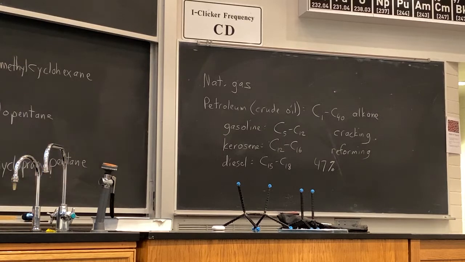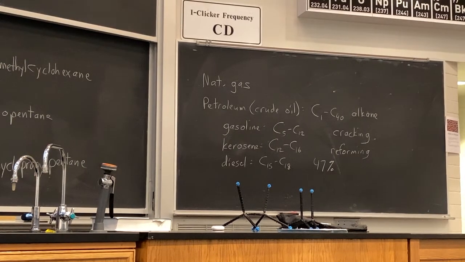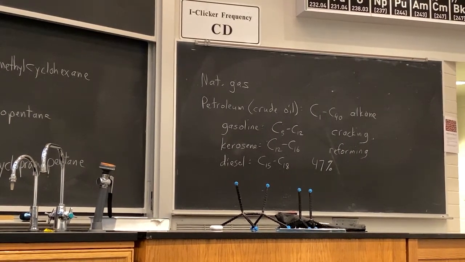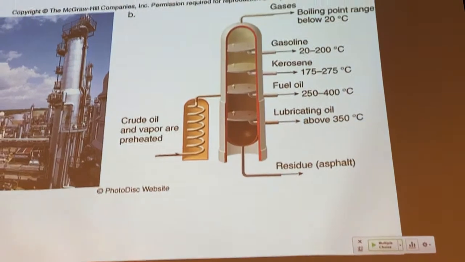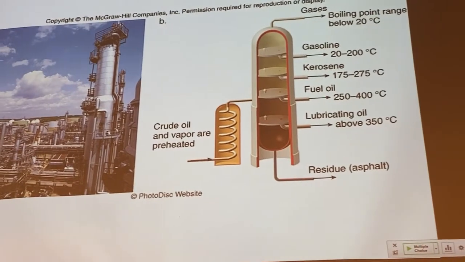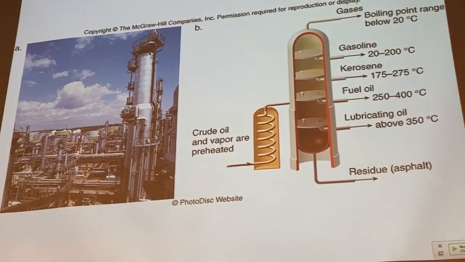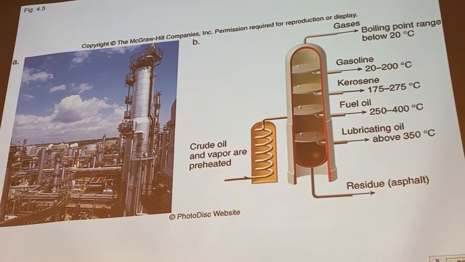Okay? And then once they've done that, they have to separate the gasoline from the other components of crude oil. And that's what they do in these big towers that you see at refineries. So you've probably all driven by refineries. If you've driven north on I-15, you've driven by one in North Salt Lake. And now you know that what they're doing in these towers is they're distilling refined crude oil to separate the different fractions.